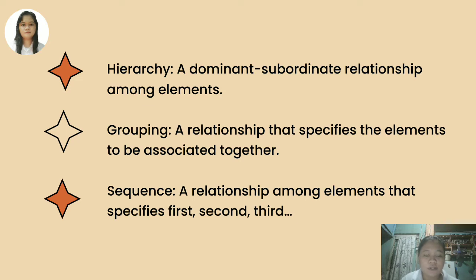Specifically, when you are in school, you can see who is the head of the department, the vice, the assistants, and members of the faculties. And then visual communication can also show groupings, a relationship that specifies the elements to be associated together. You can see it in diagrams and other charts on what are the topics that are related to one another. Sequence, a relationship among elements that specifies first, second, or third.